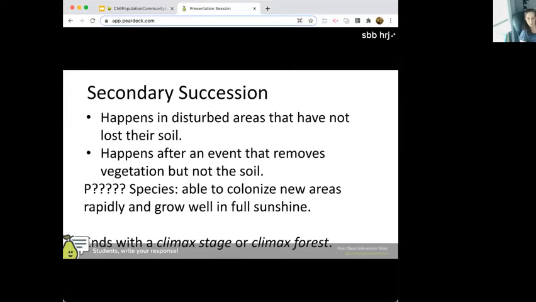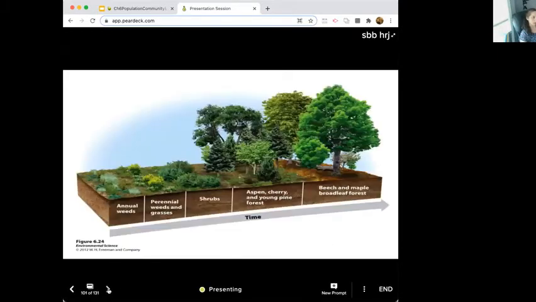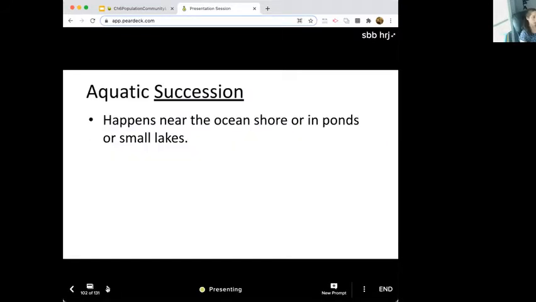Leo, there we go. Amelia, excellent. So yes, those are pioneer species. And again, being able to know that there's already soil here, this sort of change is reflecting a secondary succession.